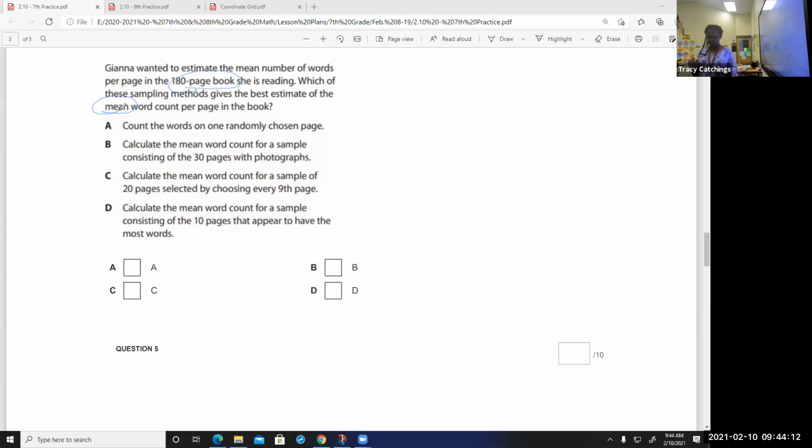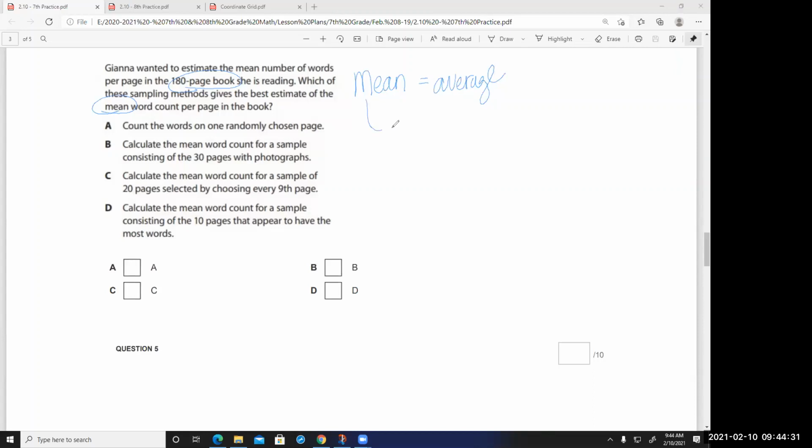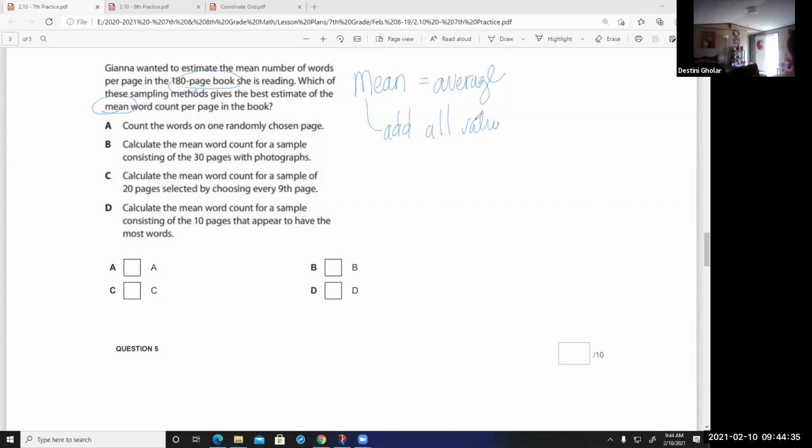What's the mean? What's another word? Okay, and how do we find the average? Add all the numbers together and divide by how many numbers there are.